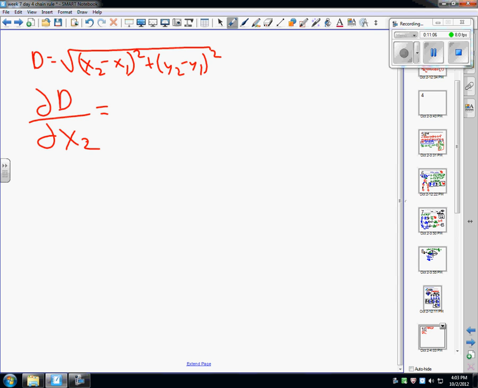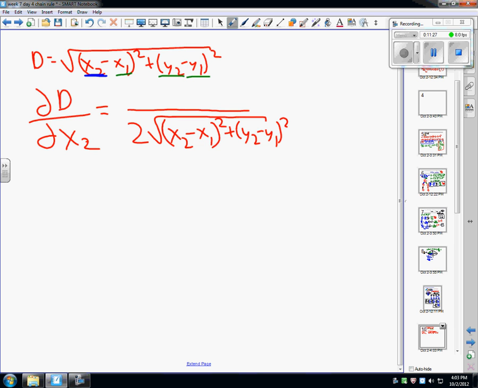Well, that means this is my variable, and the rest are constants. It's just a normal square root derivative. So that means I would say 2, and all of this stuff goes in the bottom. And then on top would be the derivative of the inside.